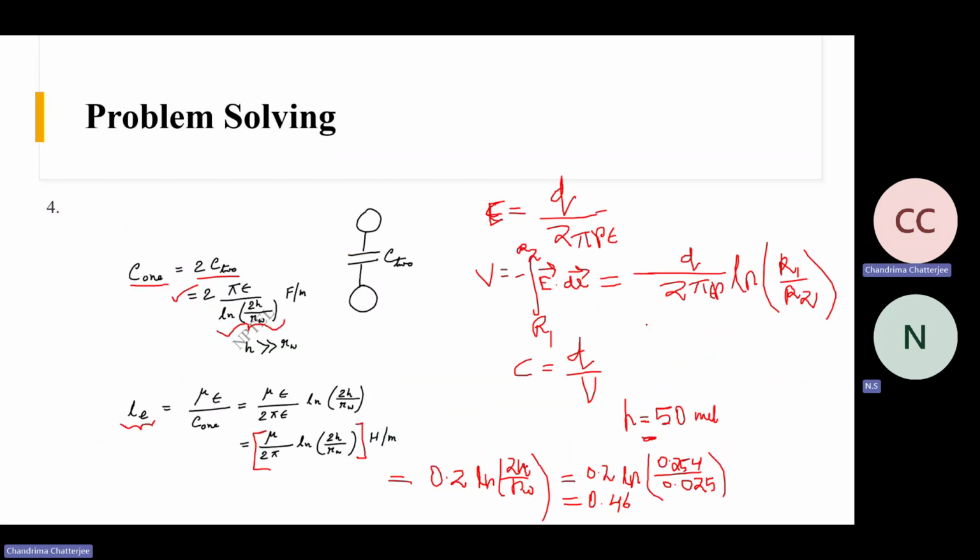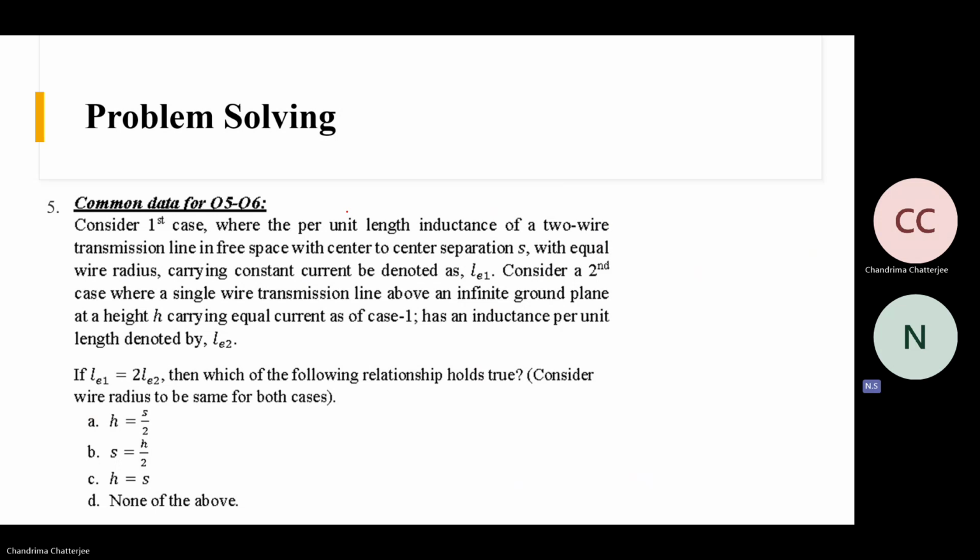So let's see the next question. This is common data for question number 5 and 6. Consider the first case where the per unit length inductance of a two-wire transmission line in free space, with center to center separation S and equal wire radius carrying constant current, is denoted as LE1.